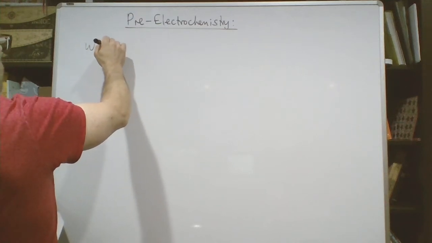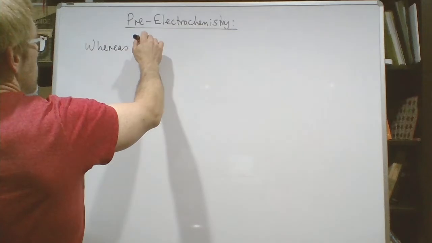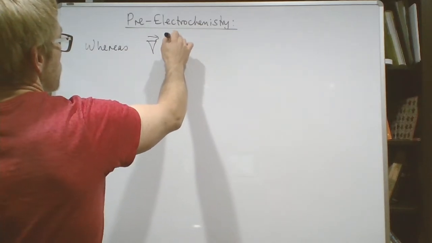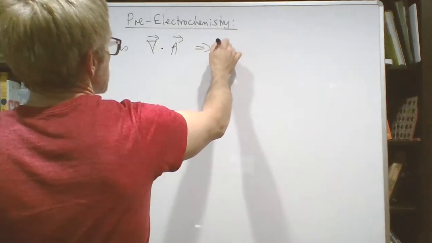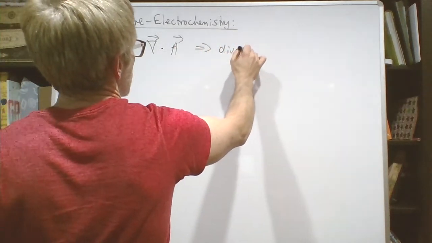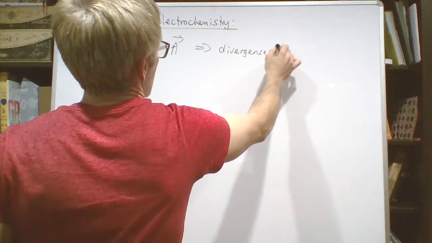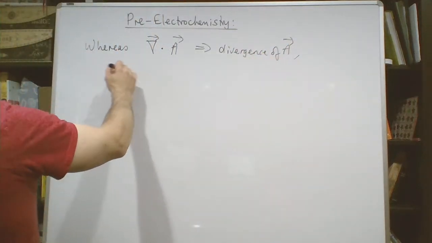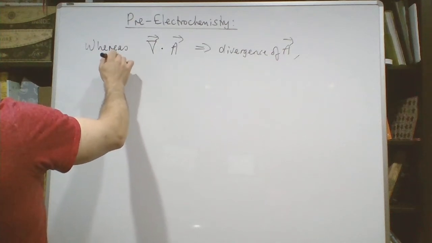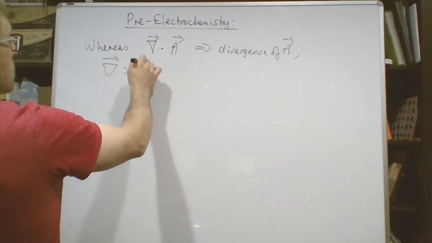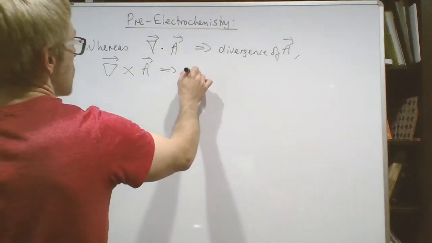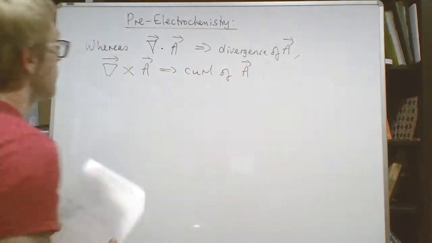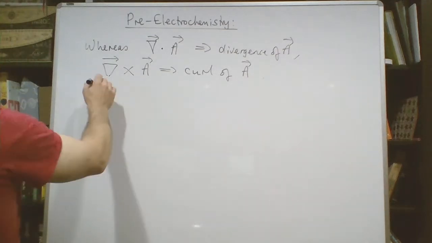So I'll say, whereas del dot A implies the divergence of A, del cross A implies the curl of A. So we call this the cross product.